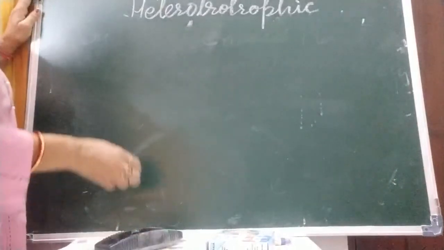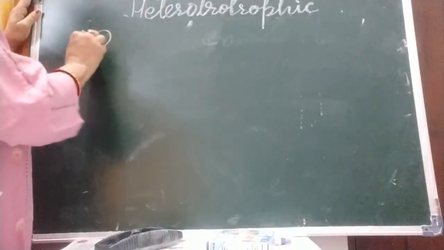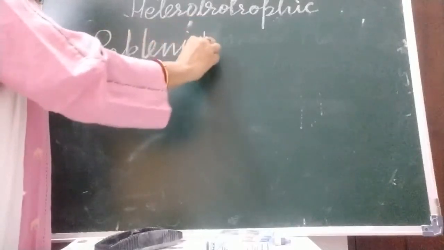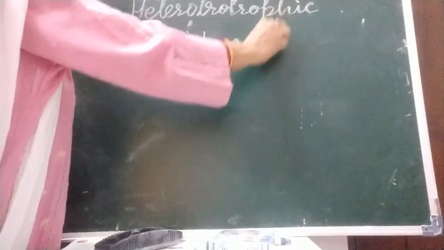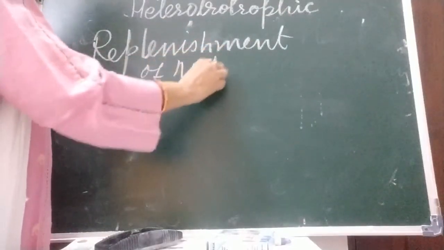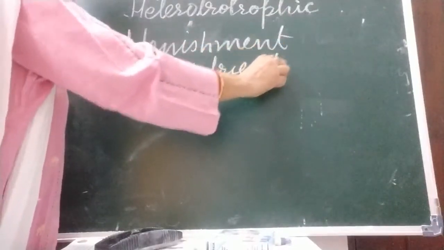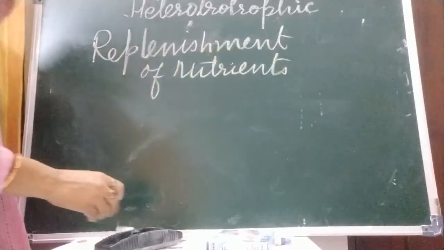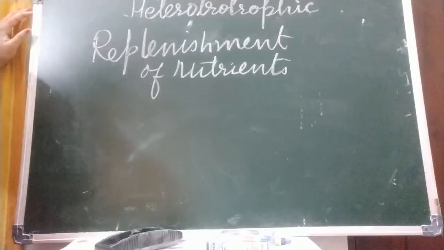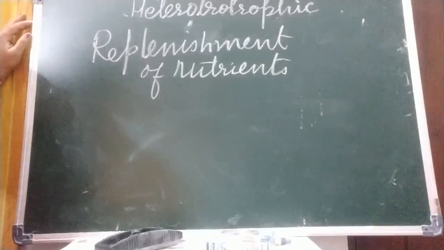What is replenishment of nutrients in the soil? Plants use the mineral nutrients, especially nitrogen, present in the soil for their growth.